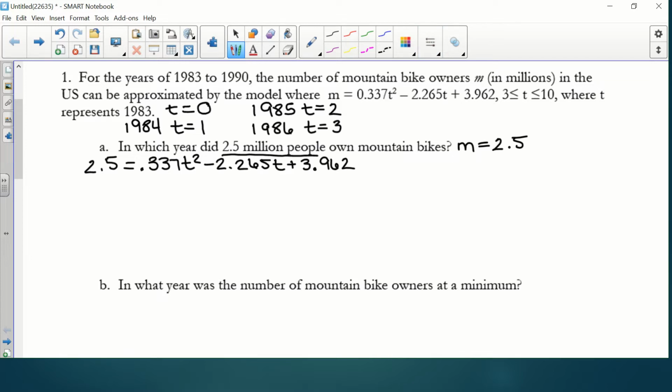Okay, so now that that's all plugged in, I'm going to bring this 2.5 over to the other side so that I can get the left side all zeroed out.